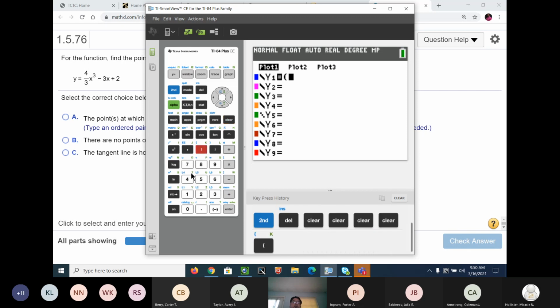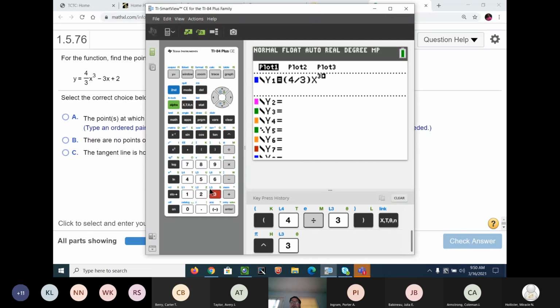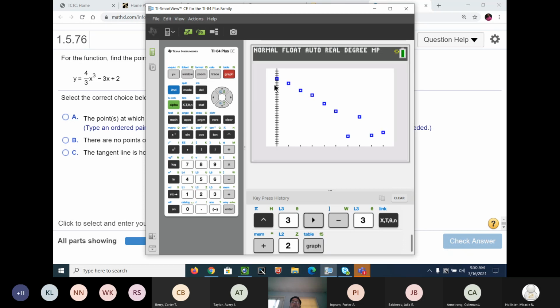Parentheses, 4/3, close parentheses, x cubed minus 3x plus 2. And graph.